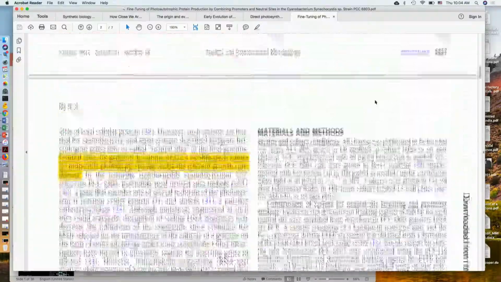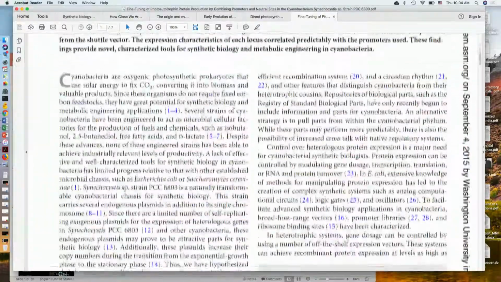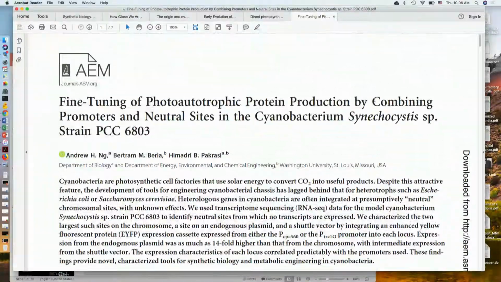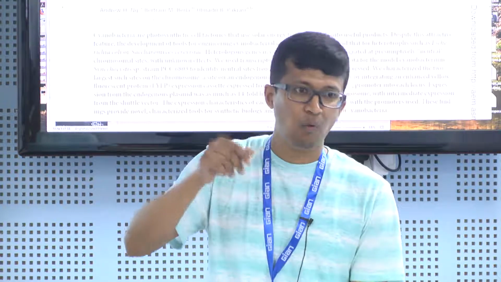So they have also found one neutral site in one of the plasmids, and then I think they have just expressed some fluorescence protein. It could be, I don't remember, either yellow or green, but that's not important. But what they figured out is, for 2 different tunable promoters, they tried 3 different sites, 2 neutral sites in the genome, 1 in the endogenous plasmids, and they got different results.